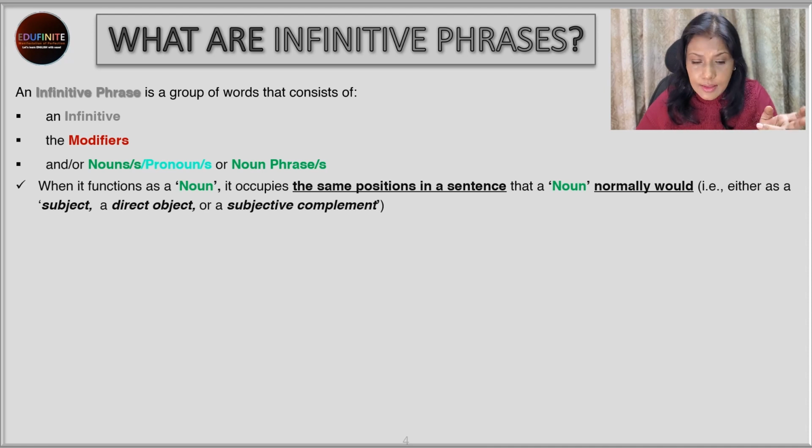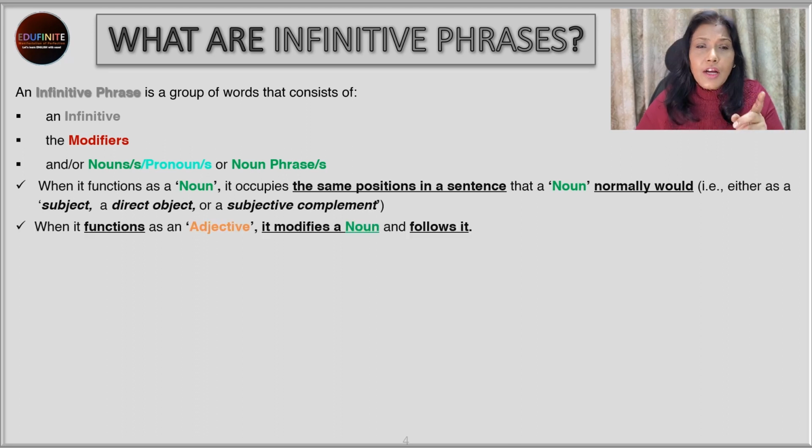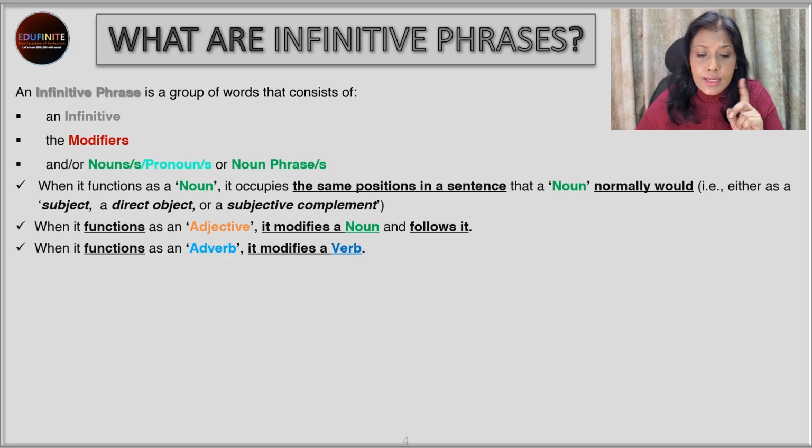When it functions as a noun, it occupies the same position in a sentence that a noun normally would, that is, either as the subject, or as an object, or as a subjective complement of the verb. Next, when it functions as an adjective, it modifies a noun and follows it. So just like an adjective, it will modify the noun. When it functions as an adverb, it modifies the verb, just like an adverb would.